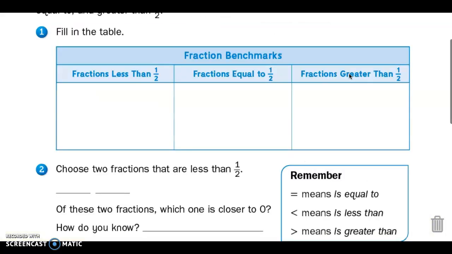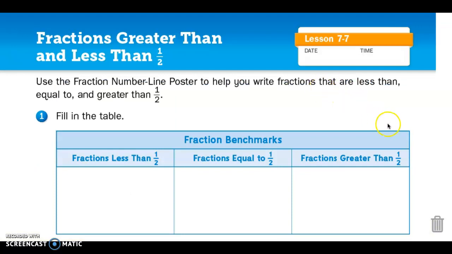All right, if you are hearing me right now, you have both your hardcover and your journal open side by side. We're going to use the fraction number line poster to help you write fractions that are less than, equal to, and greater than 1/2.